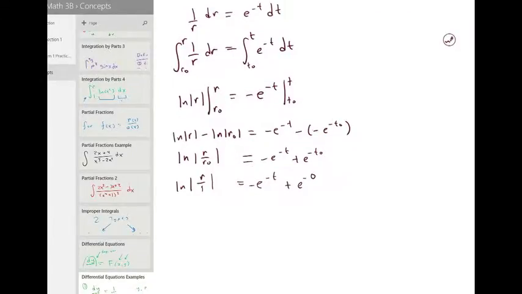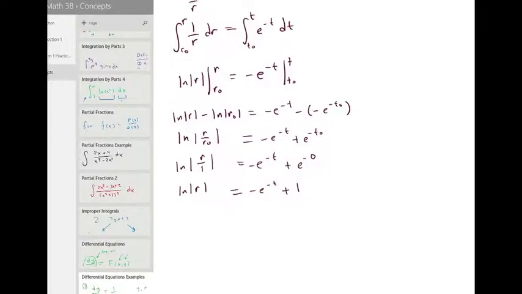So ln of r over 1 is just ln absolute value of r, and e to the 0 is 1. Now if we exponentiate both sides, we get absolute value of r equals e to the negative e to the negative t plus 1.